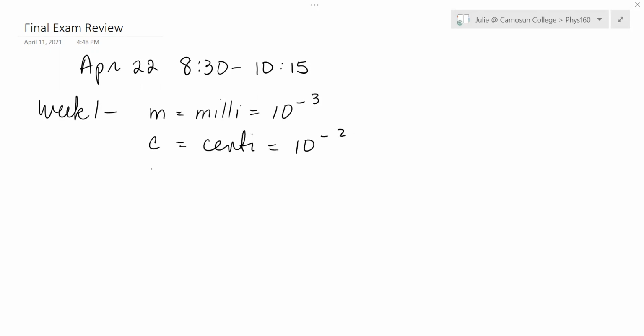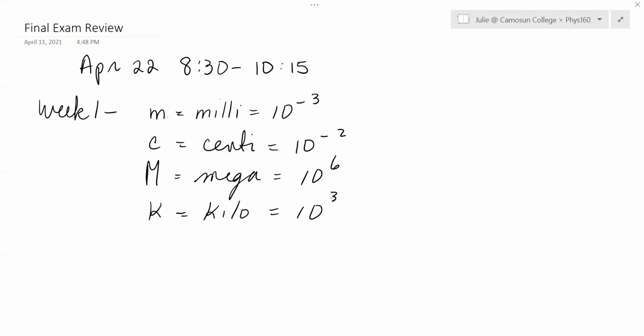Okay, so the week one, the main thing I want you to know about that is how to convert units. And now that we've been through the whole course, you'll notice that the prefixes that we used most often were milli, which is 10 to the minus 3, centi, which is 10 to the minus 2, mega, we did like megapascals, that's a million, and that's 10 to the 6, and then kilo for like kilometer or kilogram, and that's 10 to the 3.